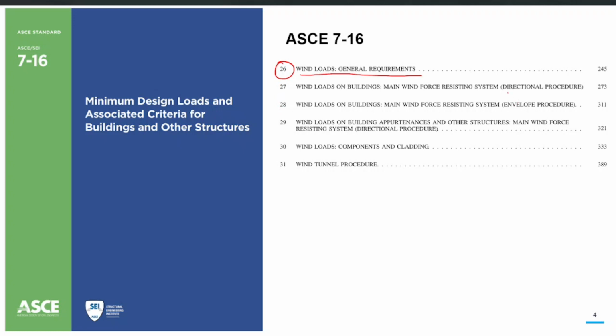One is called the directional procedure for the wind design of main wind force resisting system, and second is called the envelope procedure. There is a slight difference in these two procedures actually. These procedures differ in how the external wind pressure coefficients are calculated actually.